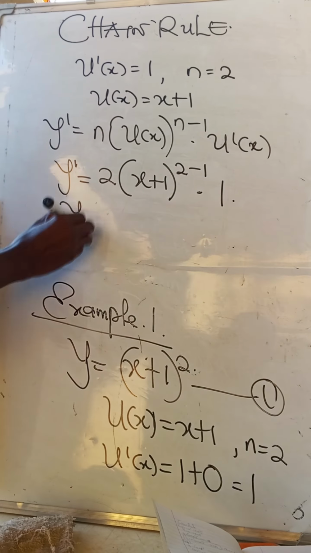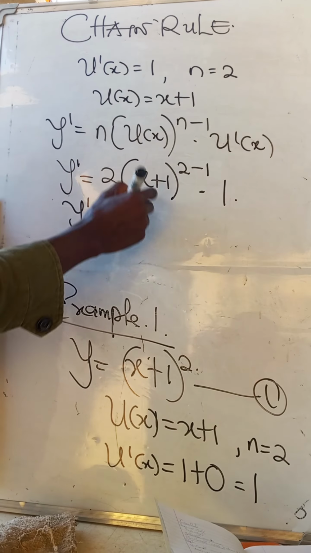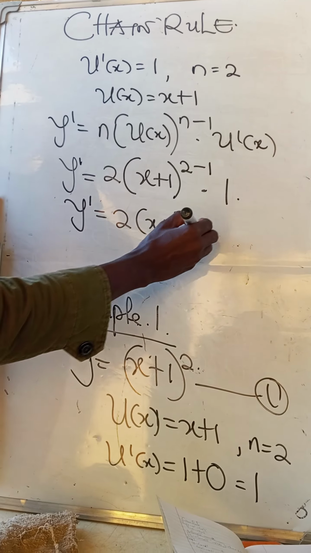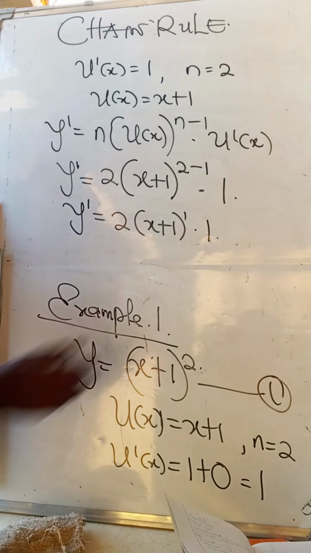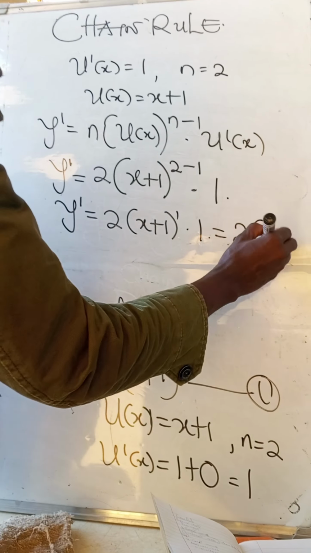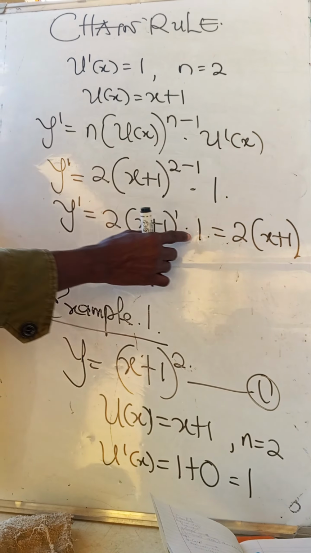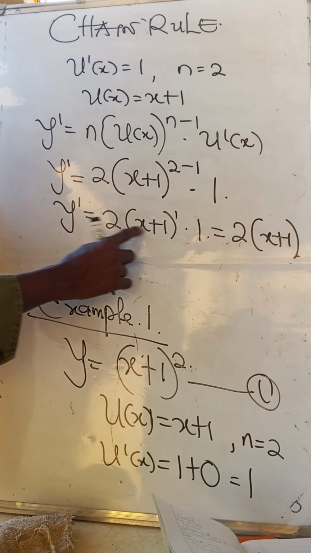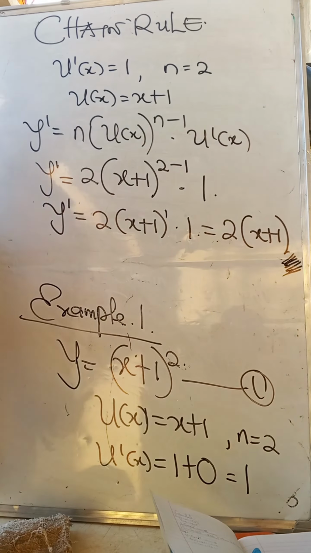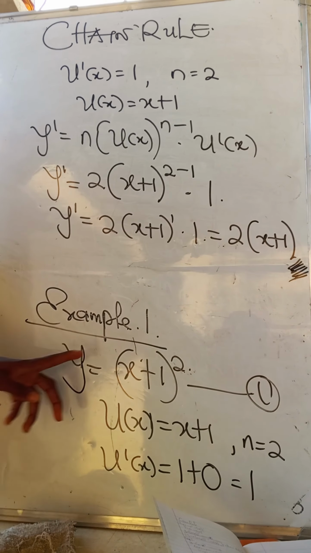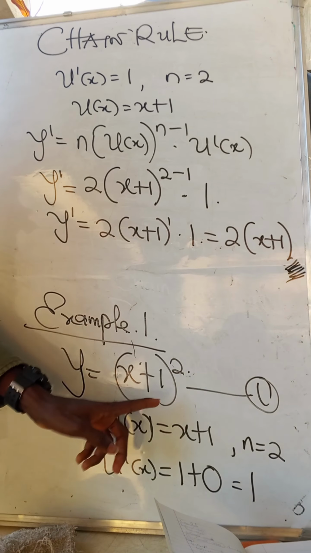If we simplify the whole thing, y prime is equal to 2, then in bracket x plus 1, raised to the power of 2 minus 1, which is 1, then times 1. And this gives us 2 times (x plus 1), because anything times 1 is still the same thing. And therefore, this is our differentiation using the chain rule of y equal to (x plus 1) all squared.